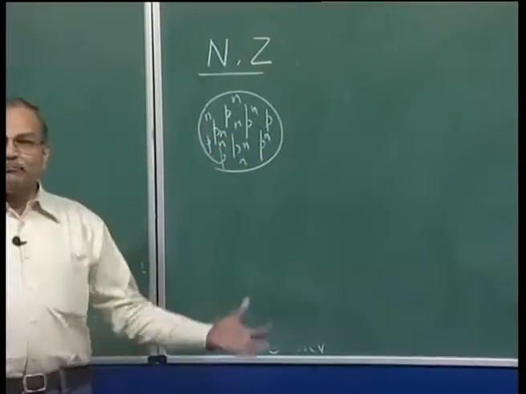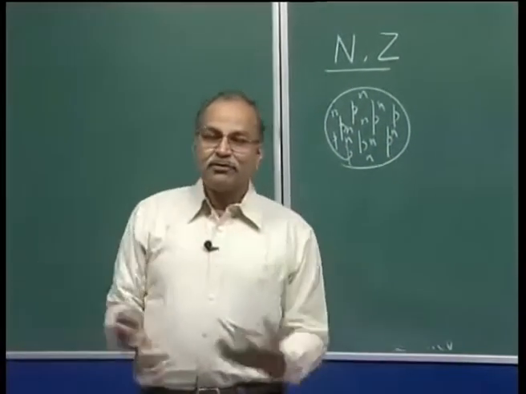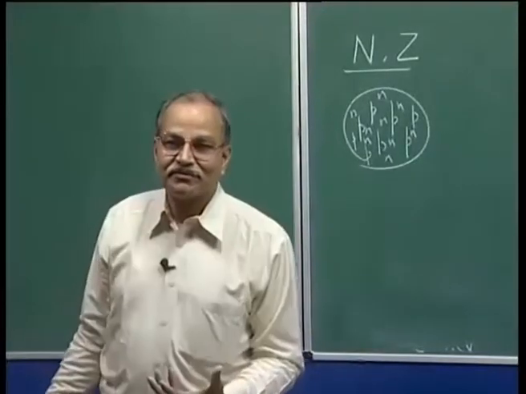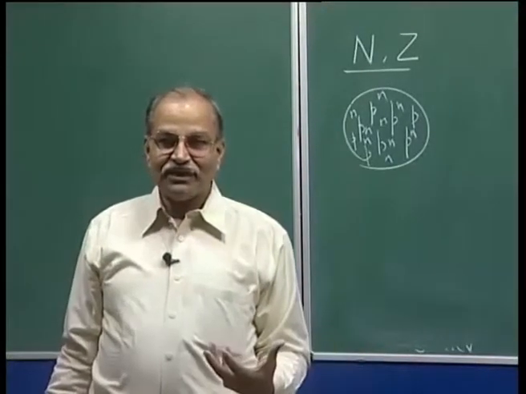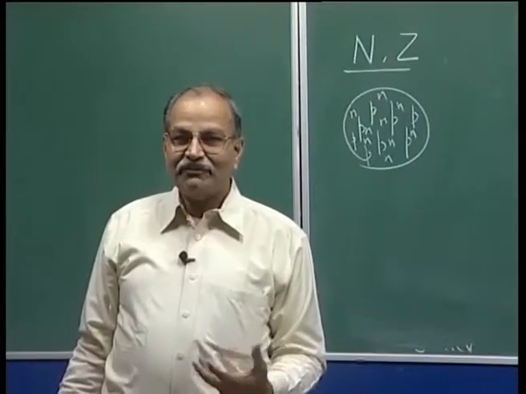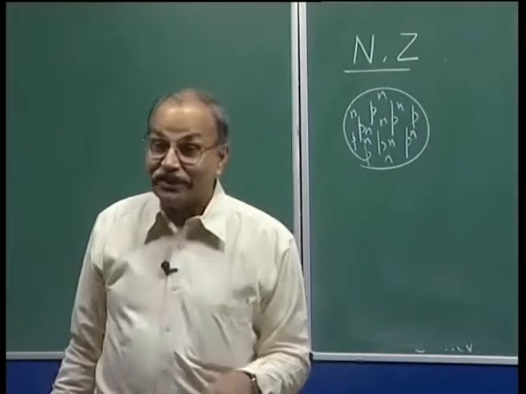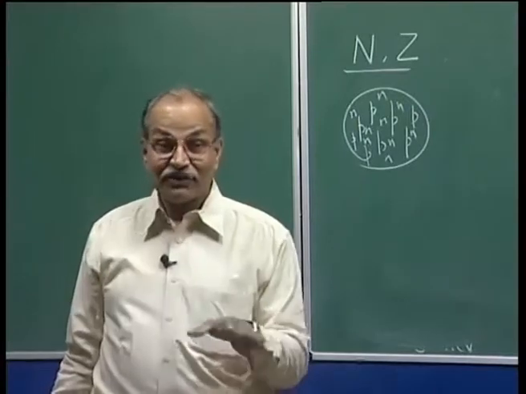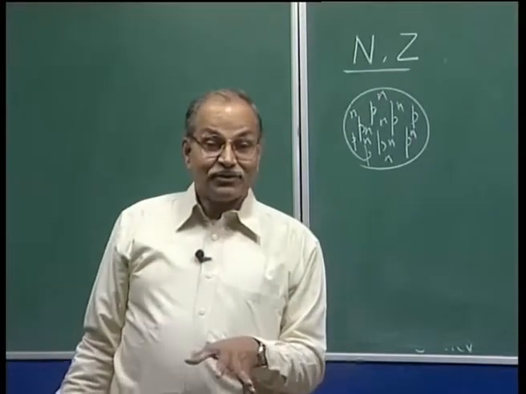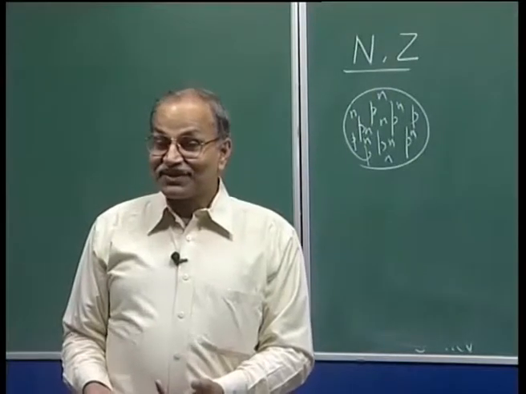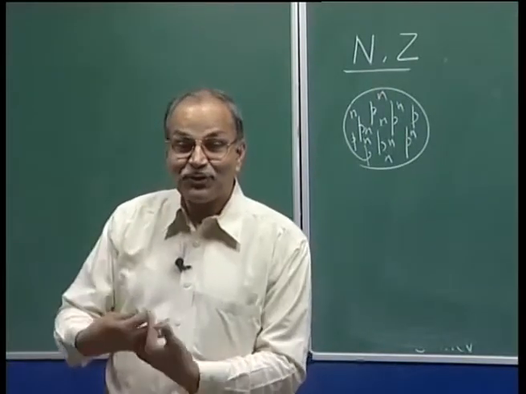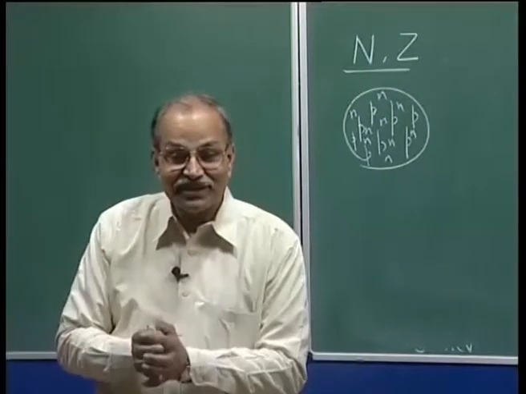Can you put any number of protons and any number of neutrons and make a nucleus? No, right. You do not have a nucleus having 10 protons only, no neutrons. Do you have a nucleus like that? You do not have any nucleus of 10 protons, 0 neutrons. Why don't you have that kind of nucleus?